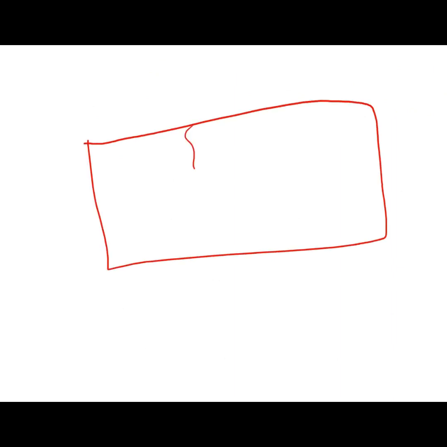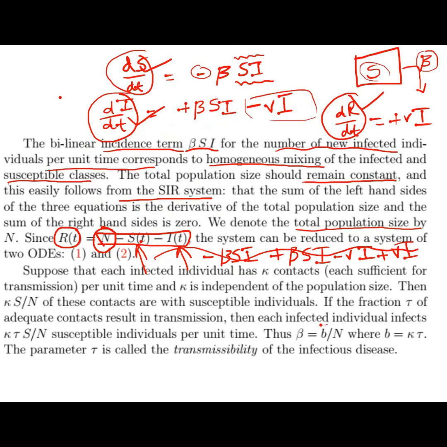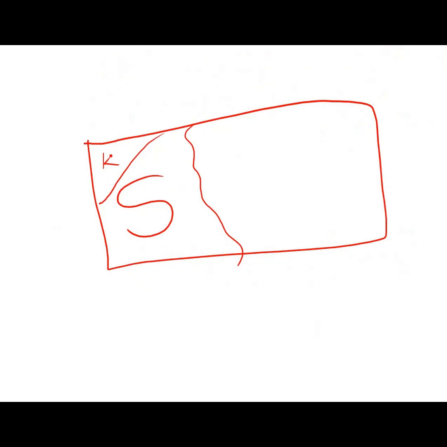So we have got a total population, and in the total population, this portion is for susceptibles. And in the susceptibles, we have got K, the contacts that we are referring to, that each infected individual has got K contacts. So this is the number of contacts for an infected individual in the susceptible population. But in this K, we take tau.